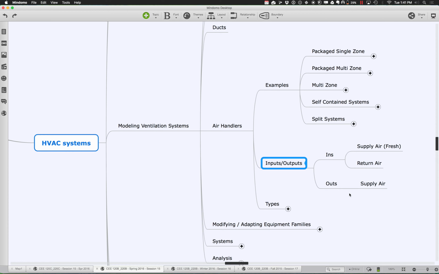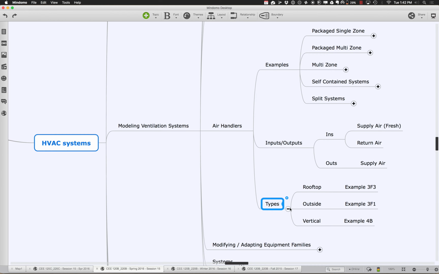They have supply air that's coming in, that's the fresh air. Then we have the return air, the recycled air that is an input to the air handler. It will be combined with the fresh air, and then you heat or cool it. And then the output is just going back into the building, supplying air into the building. So let's take a look at some of these and see how they can work.